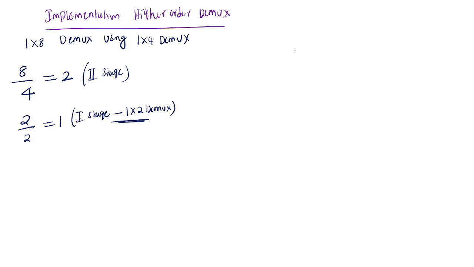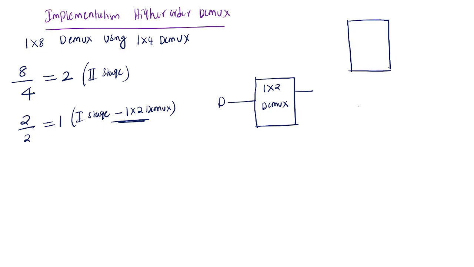So how to design it: in the first stage you have a 1x2 demux, and this is the D input, and two outputs are there. These outputs are given to the second stage, where you have two 1x4 demux.